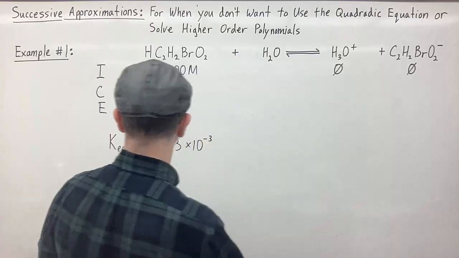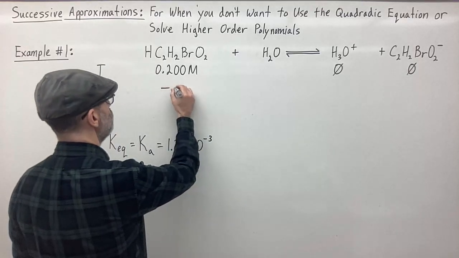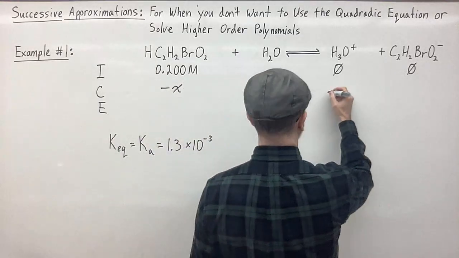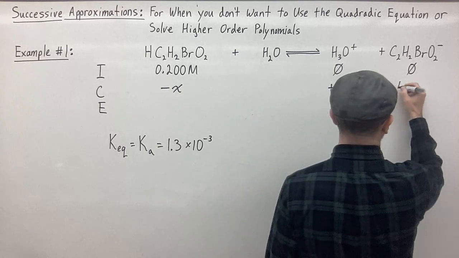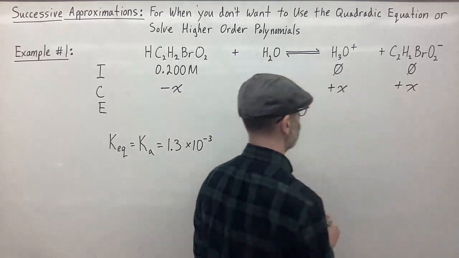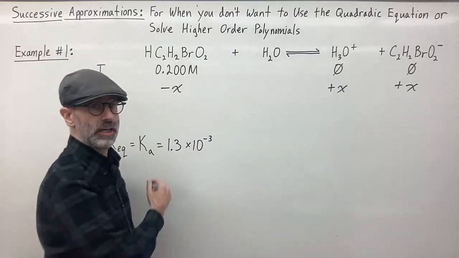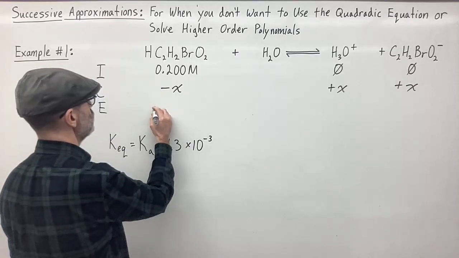So that means that we're going to lose an X amount here, and we're going to gain an X amount there, and we're going to gain an X amount there. And so when we add these together, we'll get our equilibrium expressions at equilibrium of our different species.